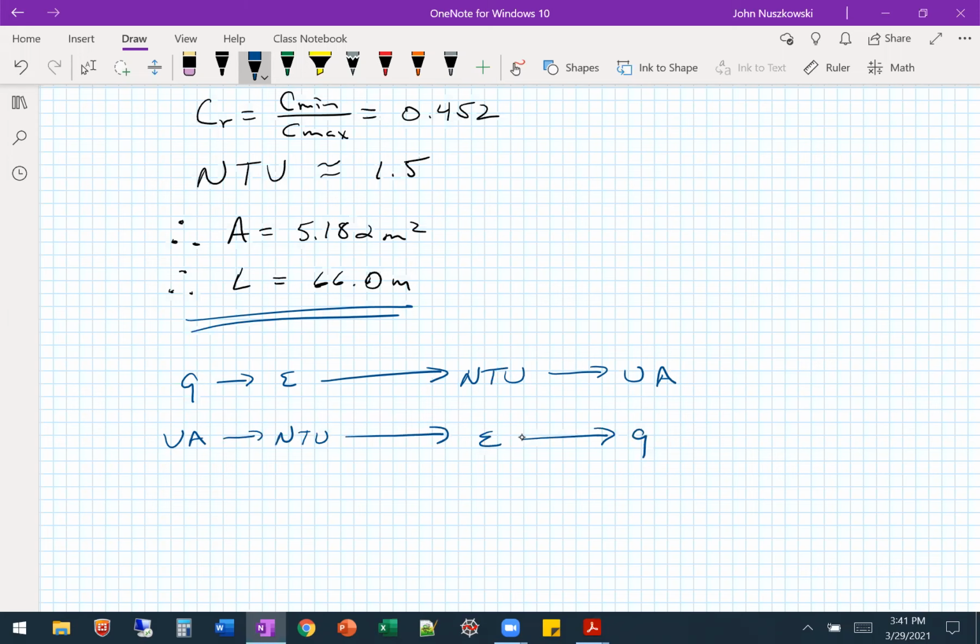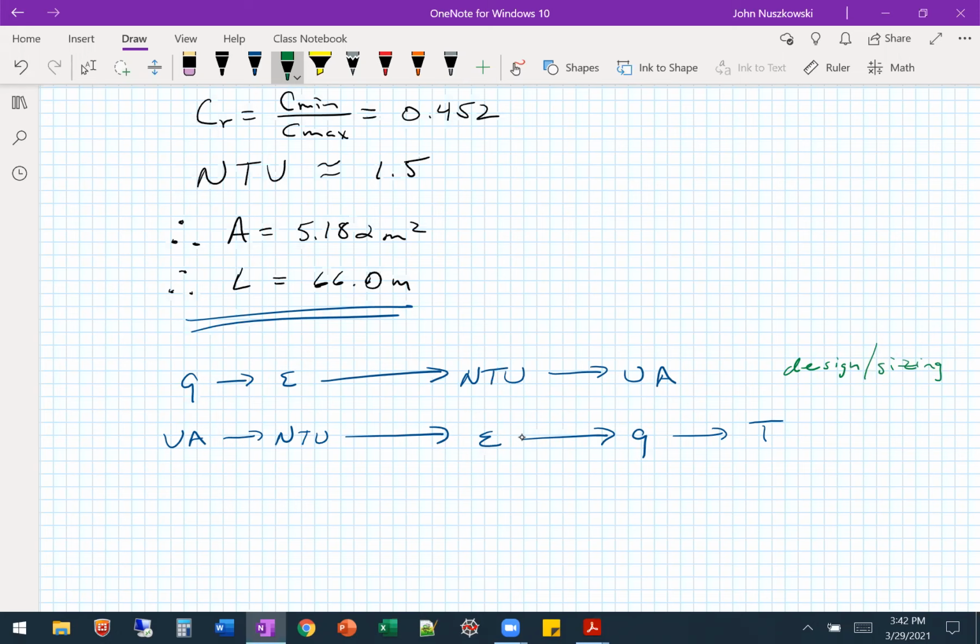Or you can go from temperatures when you got heat. So it just depends on what kind of problem you're solving. This first case is more of a design, sizing kind of problem because you're sizing the heat exchanger.